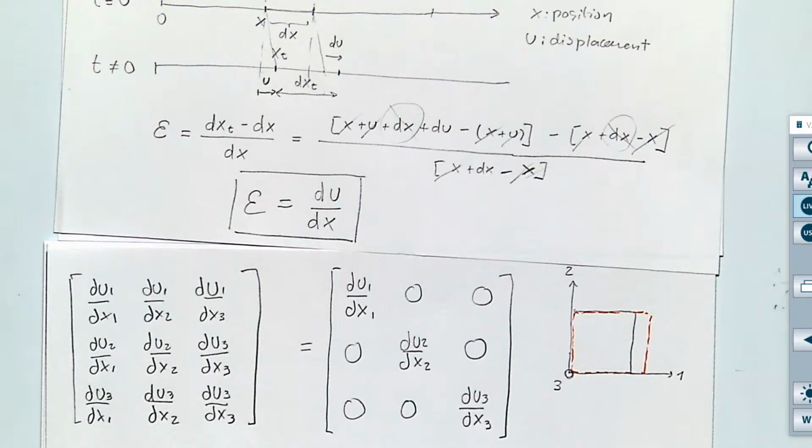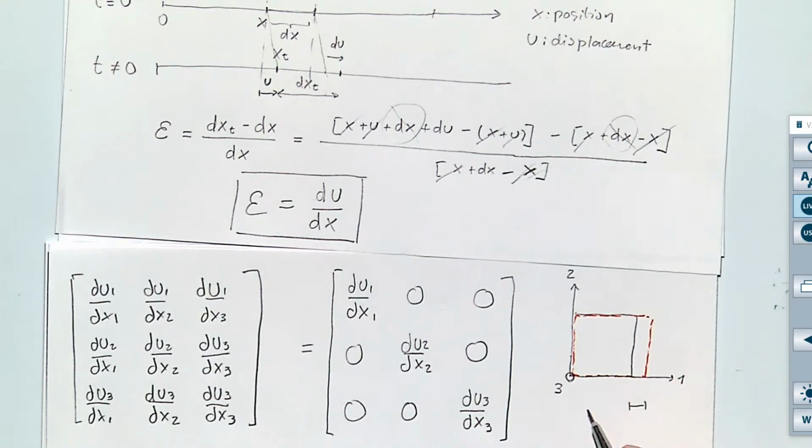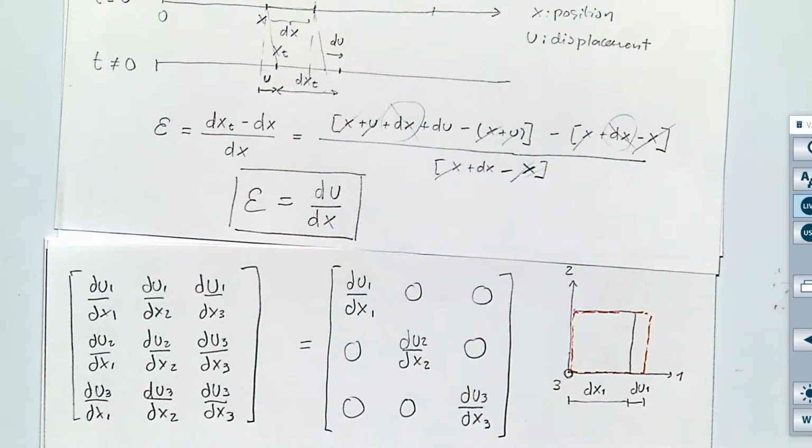And we can interpret the change of displacement du1 as this amount in direction 1 with original length dx1 also in direction 1. That's a linear strain.